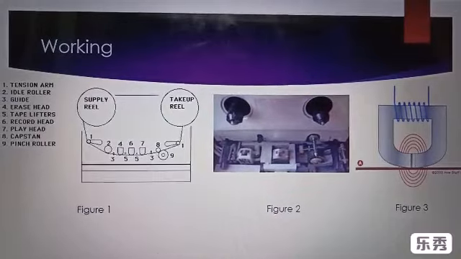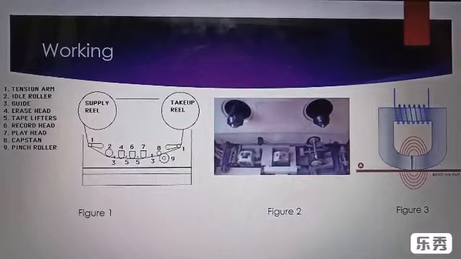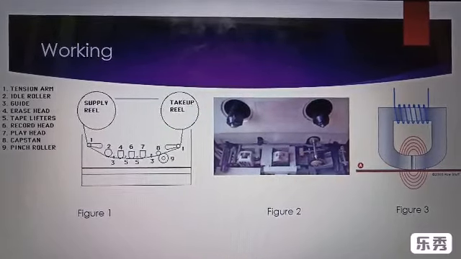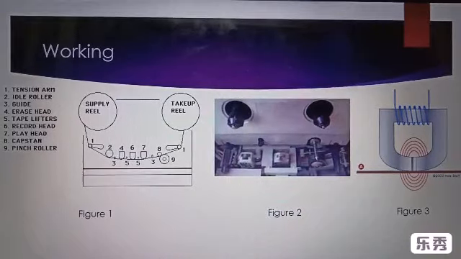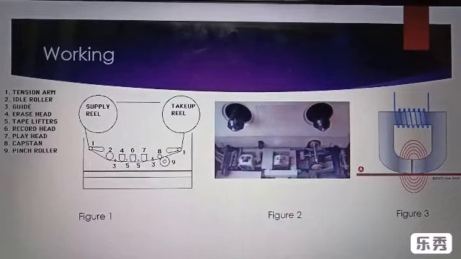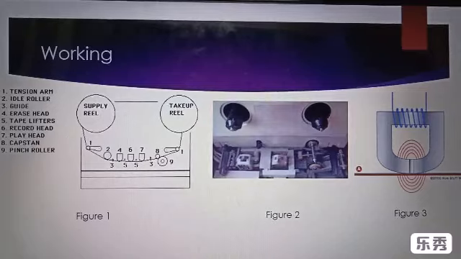So the signal gets converted into an electrical signal, and that electrical signal produces a magnetic field in the electromagnet, and that magnetic flux falls upon the oxides of the tape, which is moving to the take-up reel.